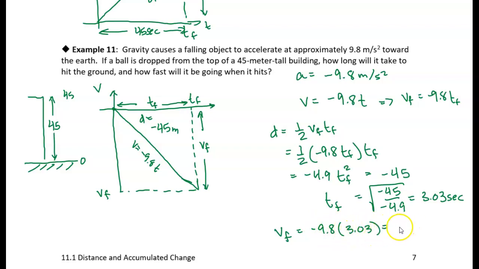So I get negative 29.7 meters per second. And it's negative because it's falling, traveling in the downward direction. So this negative tells us the direction of the velocity. It's down, which makes sense because gravity is pulling down.